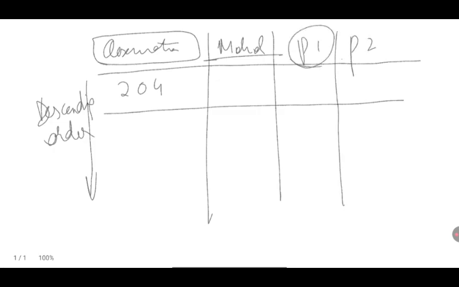This is probability 1 and this is probability 2. Probability 1 means that it is the probability of a single randomly selected case having this large d square value. The second, P2 value, tells us the probability of the next largest d square value being large.